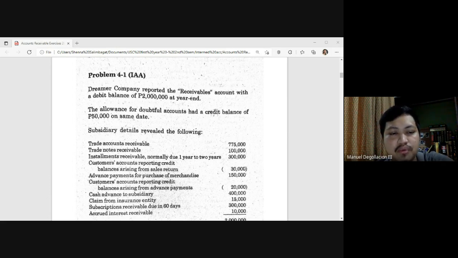So your customer will have to return the goods that you have given to them, or even by virtue of the warranties that you provide to your customers may return the goods that you have previously sold. And because of such returns, it is understandable that if they return the goods they have purchased, they will no longer be paying for it. And because it will affect the amount that they will be paying you, again, it will involve our accounts receivable.